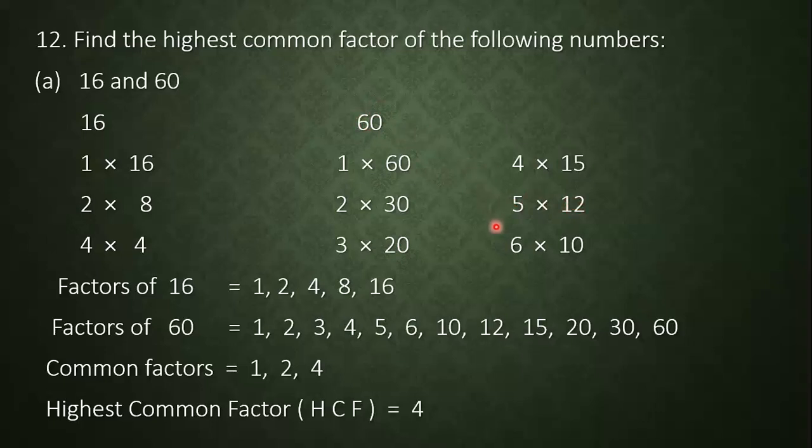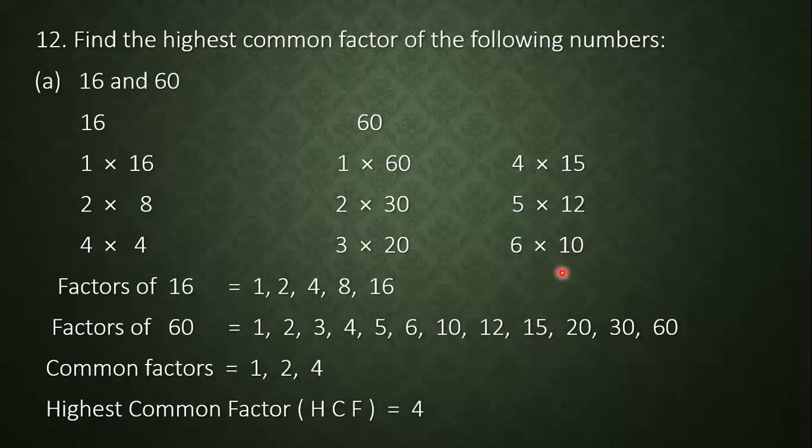Now 6 tens are 60, that you know. Now 7, 8 and 9, they are not coming as the factor of 60. That means in the table of 7, 8 or 9, 60 is not coming. That means 7, 8 and 9 are not the factor of 60. Now 10 is a factor of 60. 10, 6 are 60. That we have already written here. 6 into 10 is equal to 10 into 6.